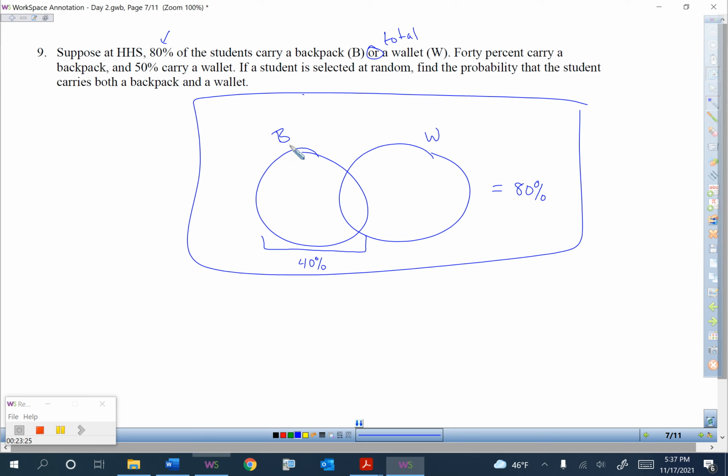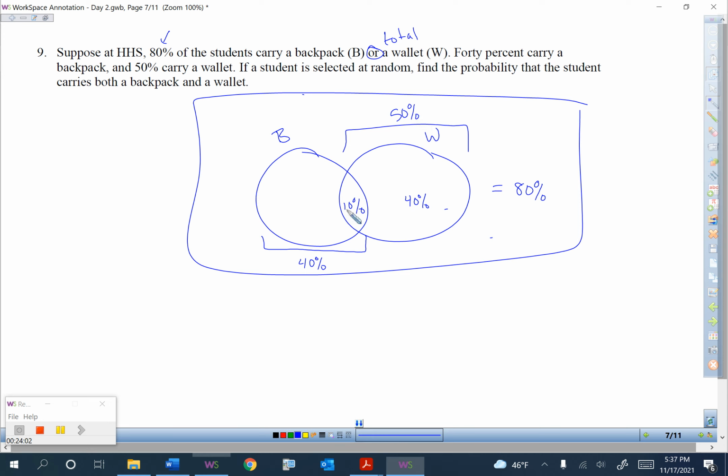Hopefully that clearly tells you already, without doing anything else, that if 40% of the bubble is here, that would mean 40% would be in the only wallet section, because I knew they had to add to 80. Okay, now I'm going to keep reading. It says 50% carry a wallet. We put 40 of it here. The other 10% would have to go here to get to our 50.